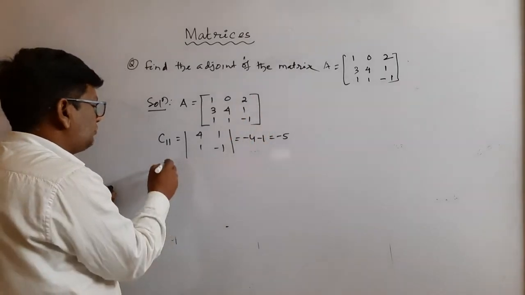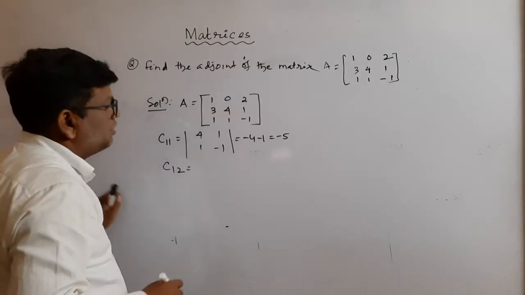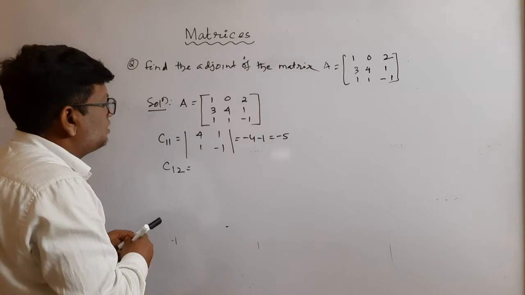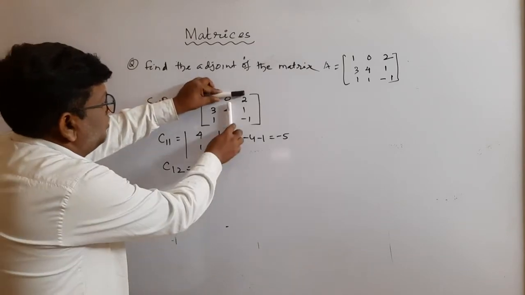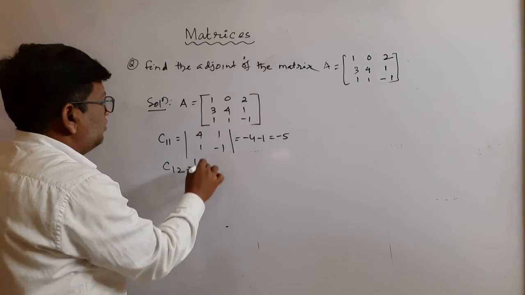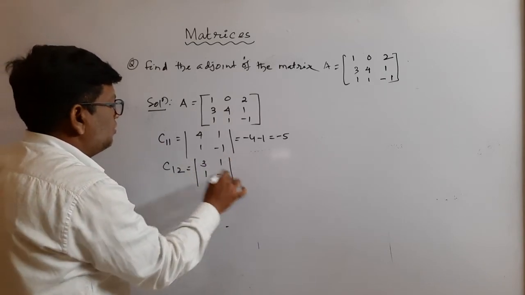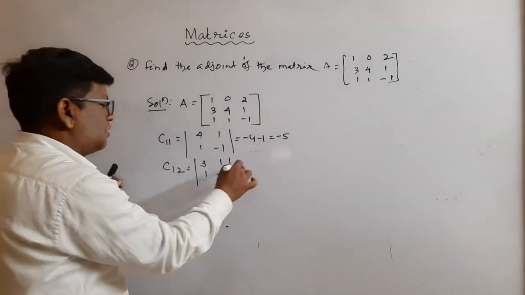Now C12. Delete the first row and second column, what remains is 3, 1, 1, minus 1. So this is equal to what?